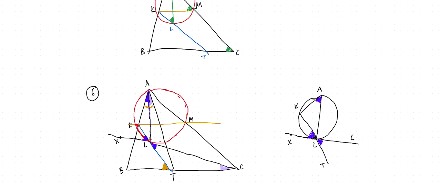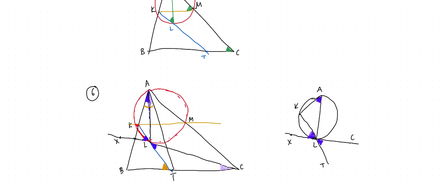Since this purple is the same as this purple, their complements are also the same. If this purple moves to this, then KAT moves to LAM. So AL and AT are symmetric with respect to the angle bisector of the triangle. KAL equals TAC.